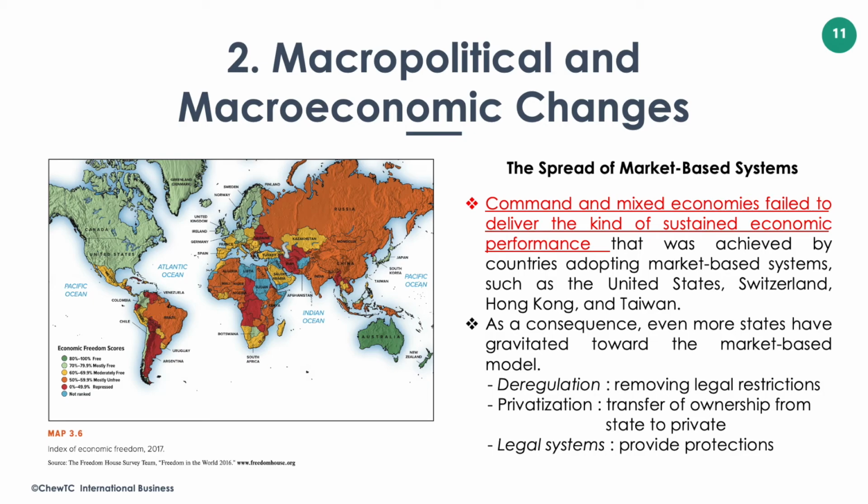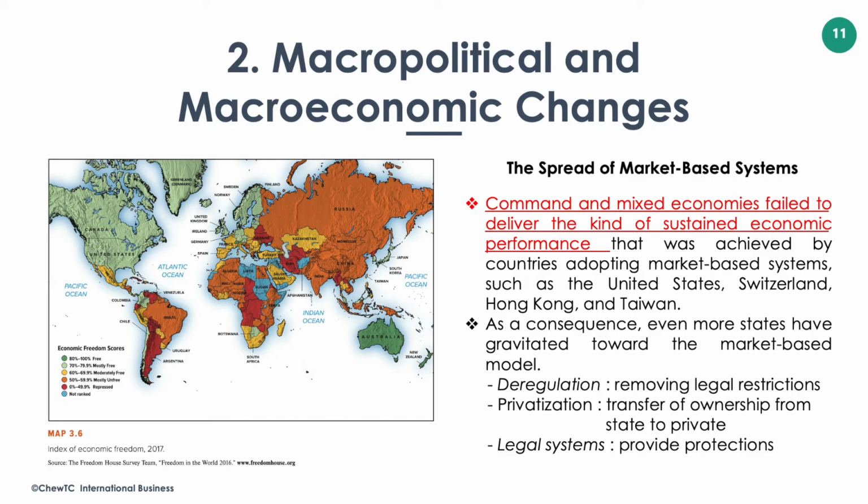The shift toward a market-based economic system often entails a number of steps: deregulation, privatization, and creation of a legal system to safeguard property rights. Deregulation involves removing legal restrictions to the free play of markets, the establishment of private enterprises, and the manner in which private enterprises operate.